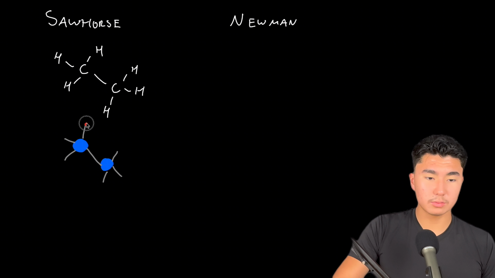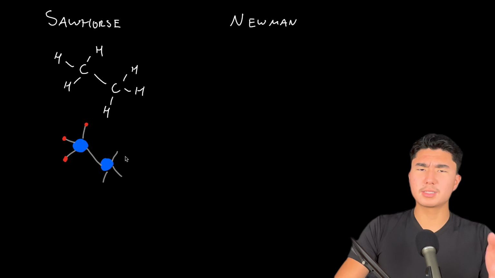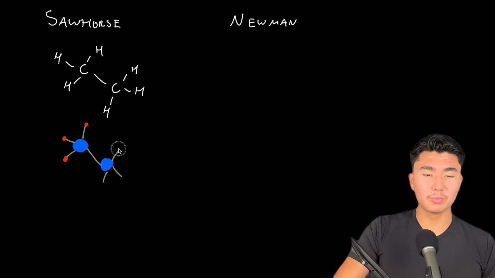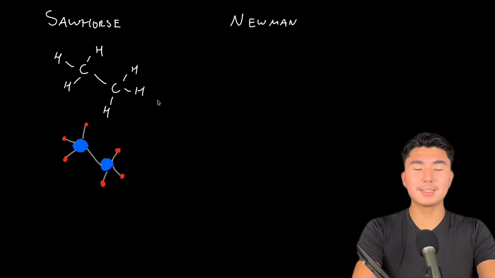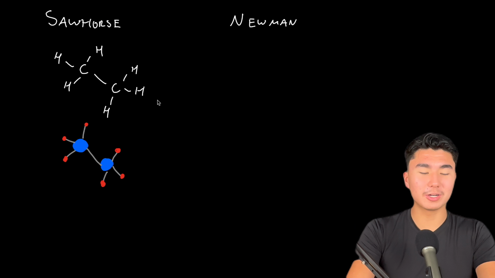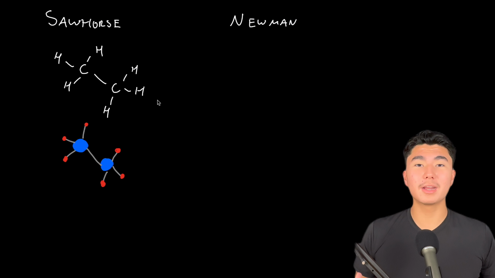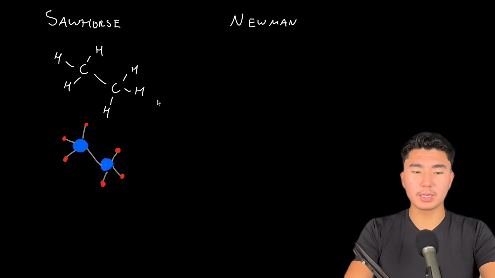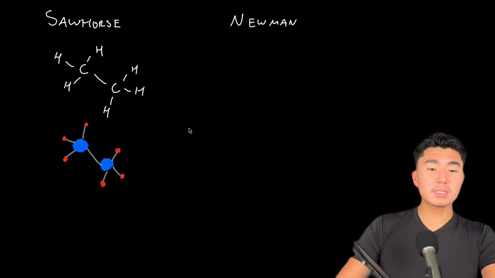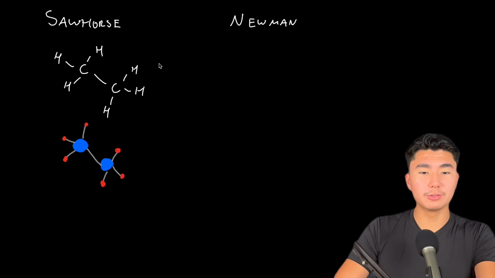I'll just do a little dot right there, since hydrogen is much smaller than carbon. So we have those hydrogens right there, and it's not a good image. I know I'm not really good at drawing, but this is what our organic molecule is going to look like. If you want to draw a rough sketch, just drawing it colorfully, this is what the sawhorse projection looks like.